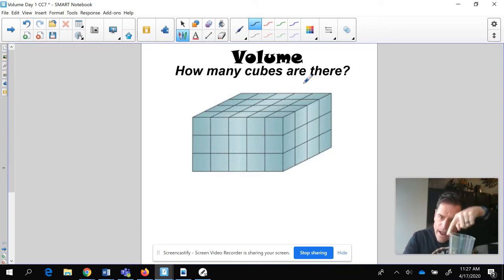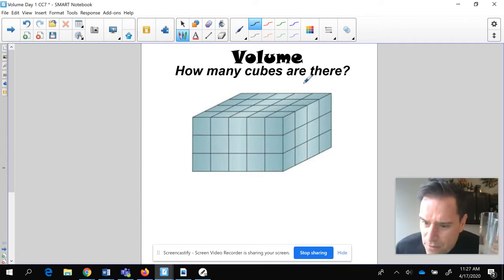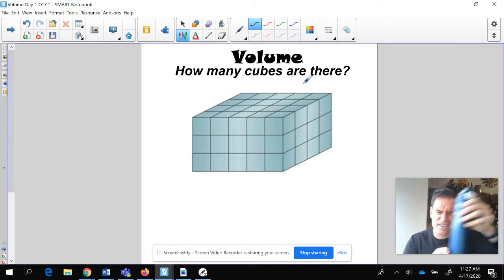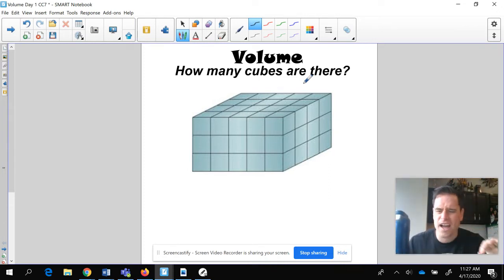The plastic around this would be surface area. But what fills this cup up of water is volume.